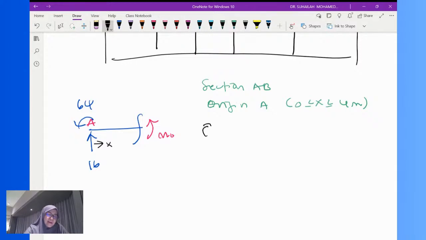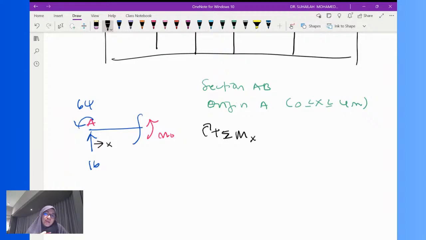By taking moment at the cutting point. To write the moment equation, we have to take moment at the cutting point. It is X. We do not take moment at A; moment at A is for the reaction.